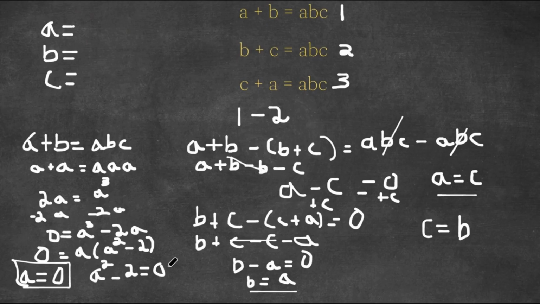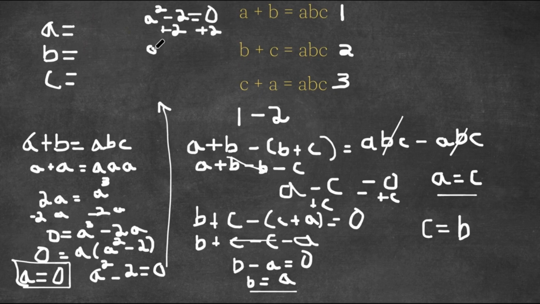Now we're going to solve this. If a squared minus 2 equals 0, then we add 2 on both sides, so we get a squared equals 2. Now we take the square root of both sides. Because square root and power cancel out, a equals plus or minus square root 2.